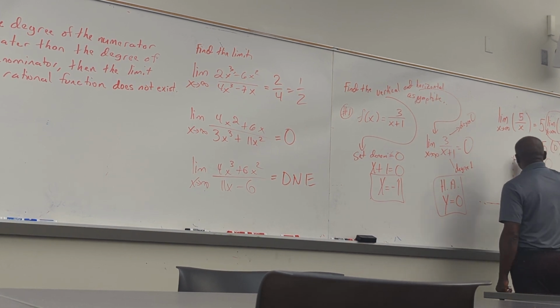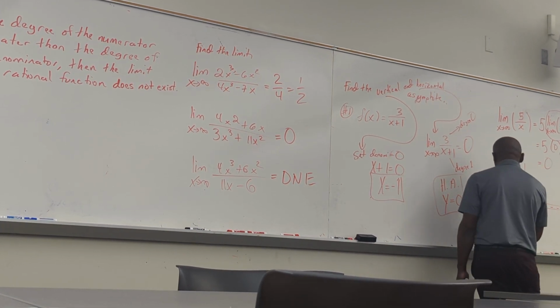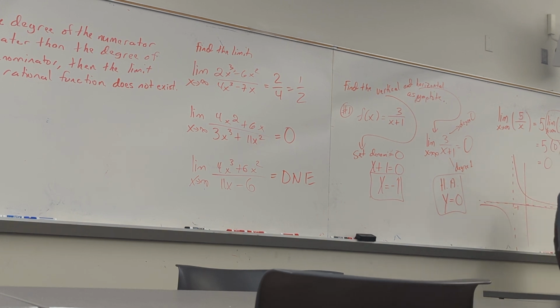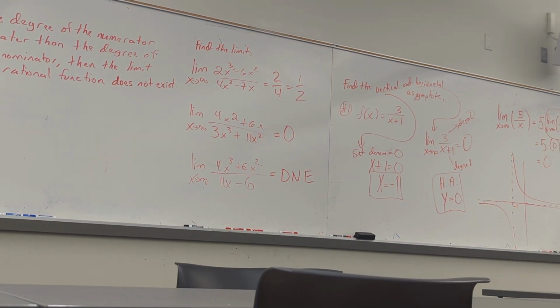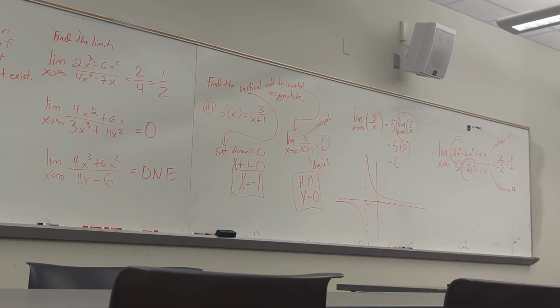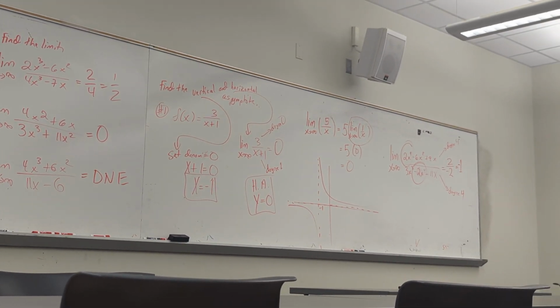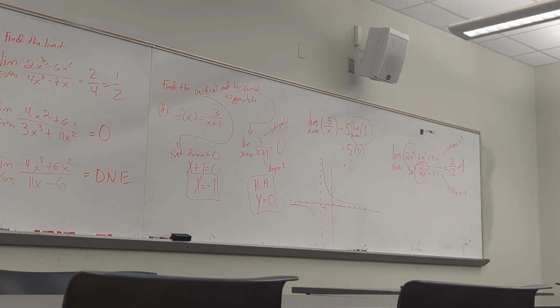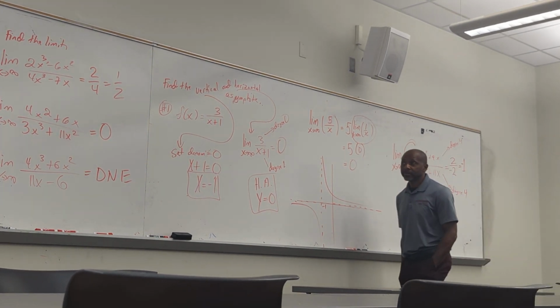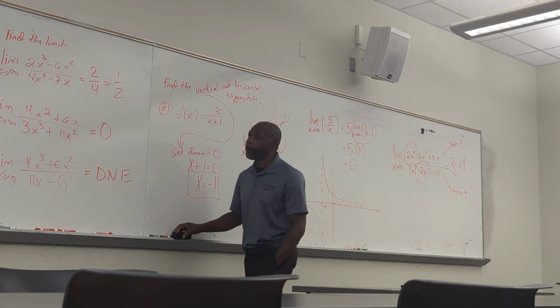I'm guessing this graph is going to look something like this. I know this because I know the vertical and horizontal asymptotes. To find the vertical asymptote, you just set the denominator to 0. To find the horizontal asymptote, you take the limit as x goes to infinity. You can just look at the degree in the top and the degree in the bottom.